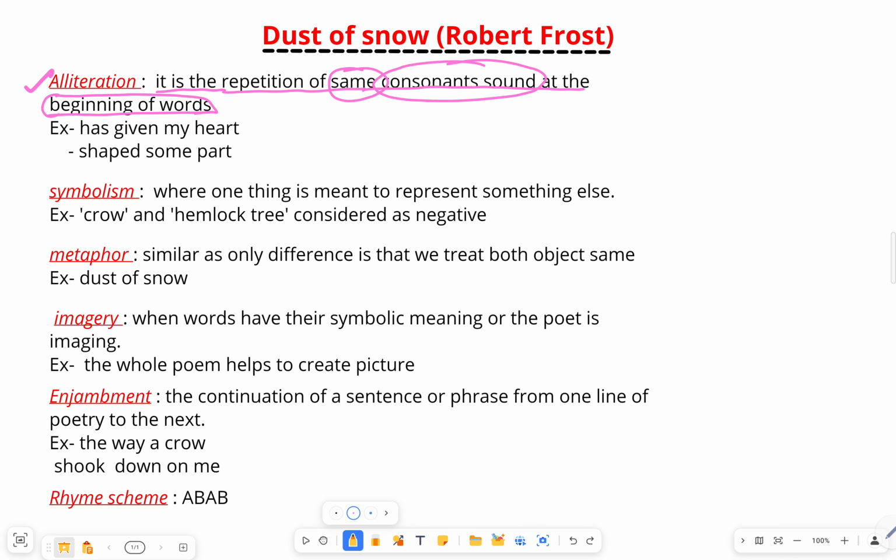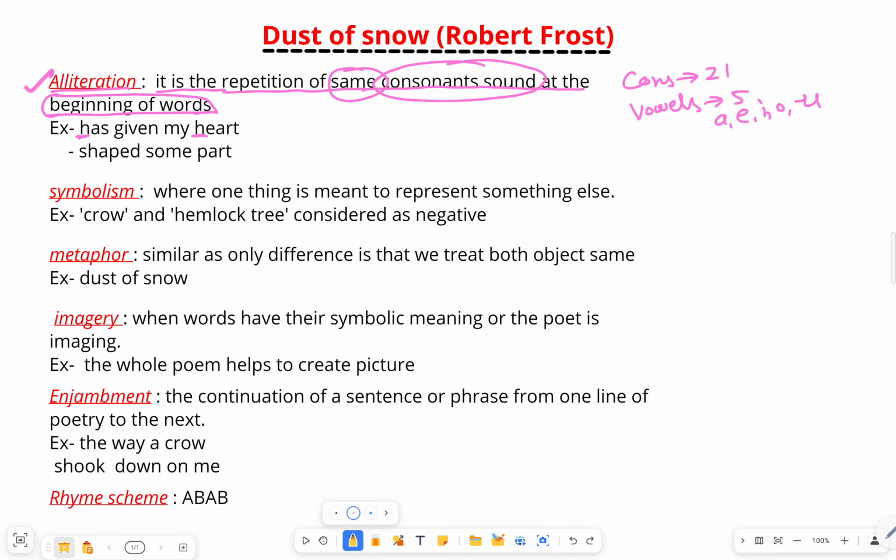For example, here: 'has given my heart', 'has' and 'heard'. How many consonants are there in the English alphabet? 21. And how many vowels? Obviously, sir, we know there are five vowels: A, E, I, O and U. So H is a consonant, in 'has' and 'heard', and so this becomes alliteration.